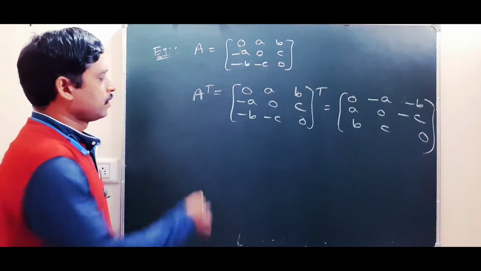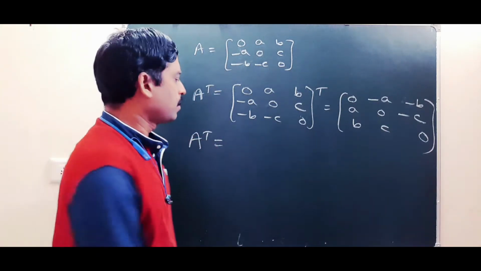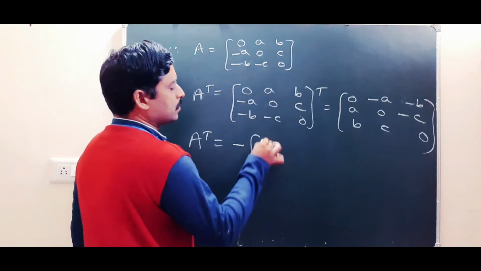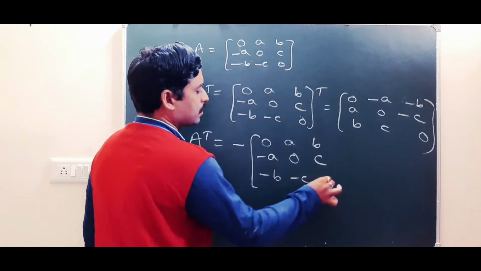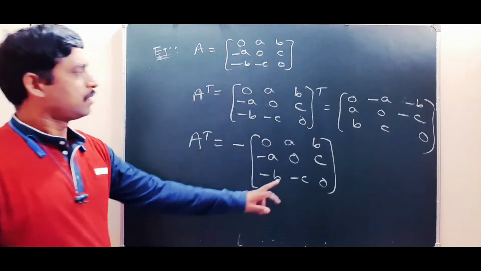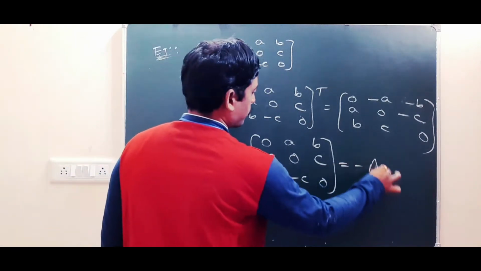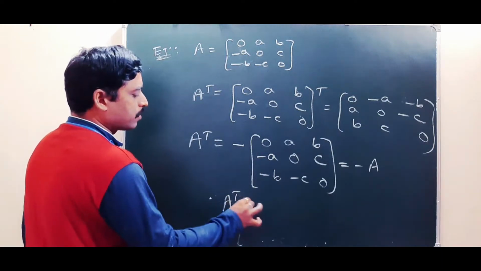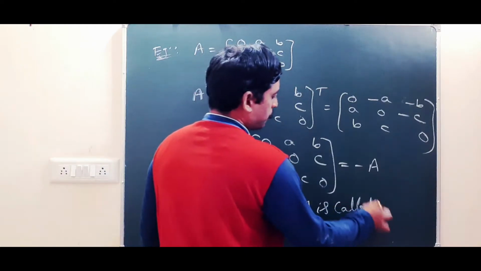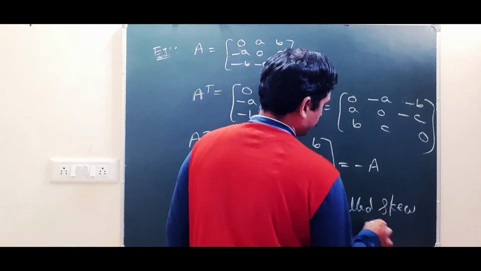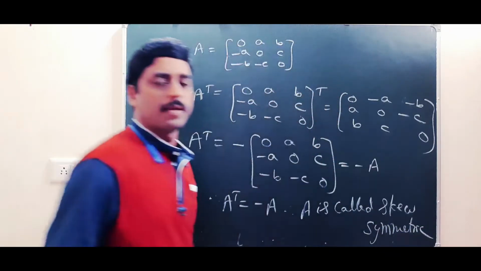So A transpose equal to, taking minus 1 common, minus [0 a b; minus a 0 c; minus b minus c 0]. This is nothing but the given matrix A, so minus A. Therefore A transpose equal to minus A. Therefore A is called a skew symmetric matrix.